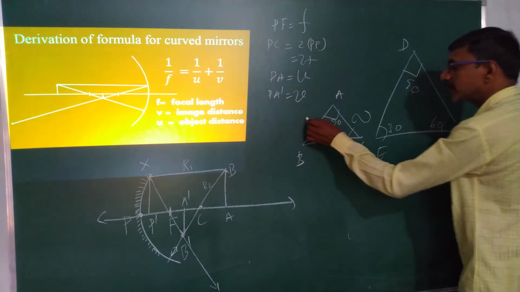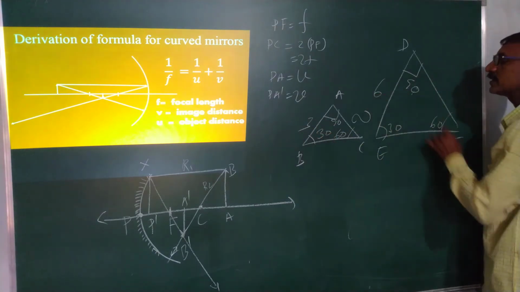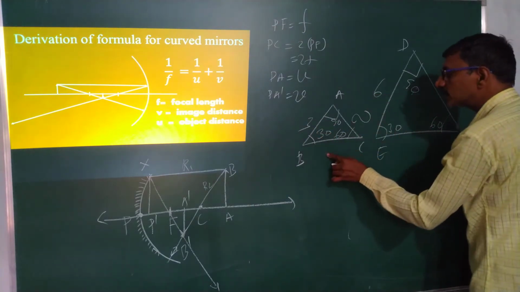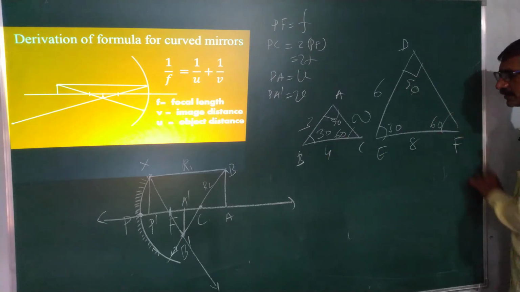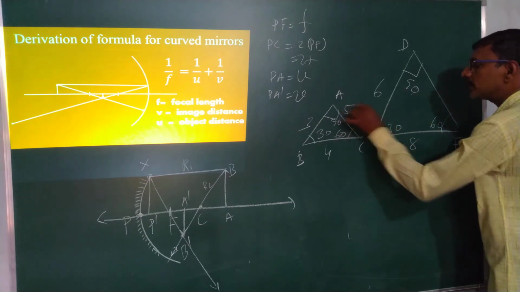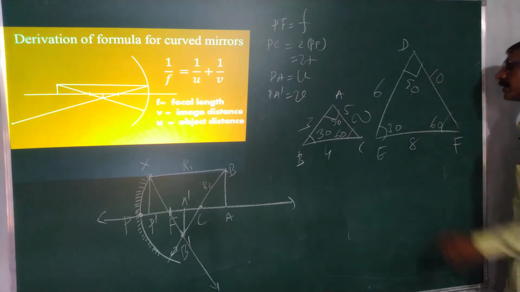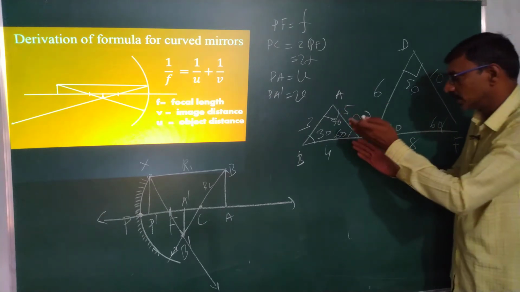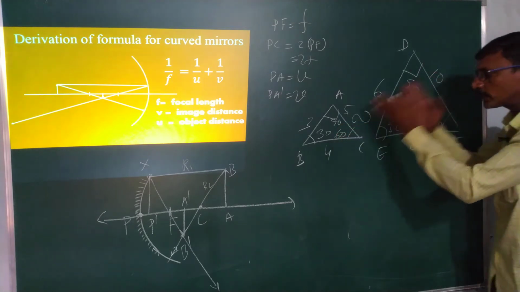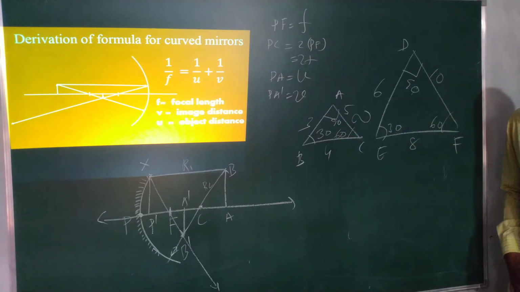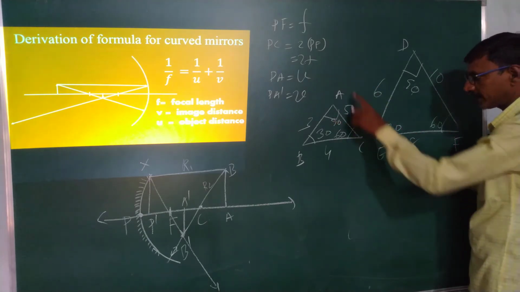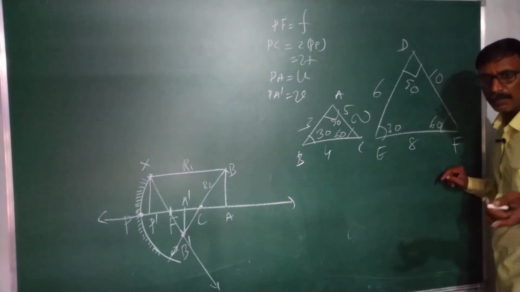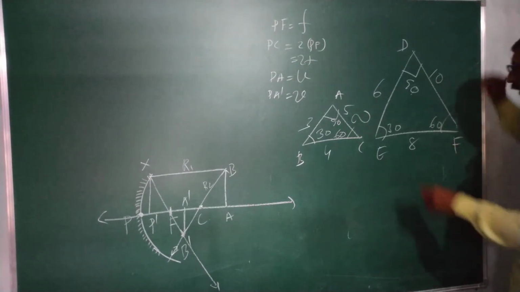Suppose this is 3 centimeters, this must be 6 centimeters. Suppose this is 4 centimeters, this is 8 centimeters. Suppose this is 5 centimeters, this must be 10 centimeters. That means this triangle is 2 times this triangle. Very simple. By observing this similarity property, see here.